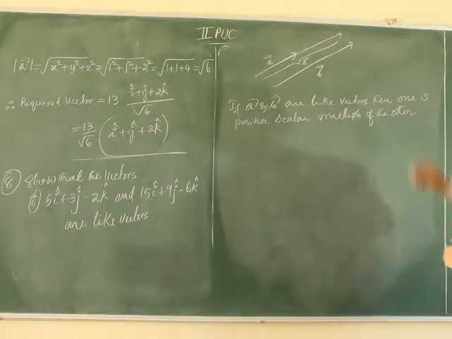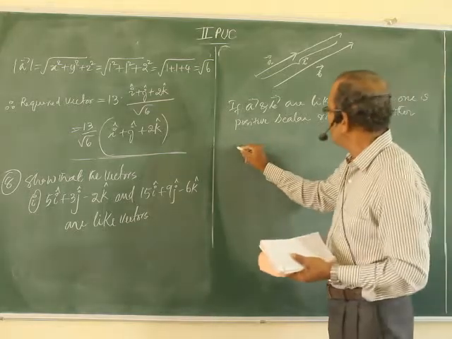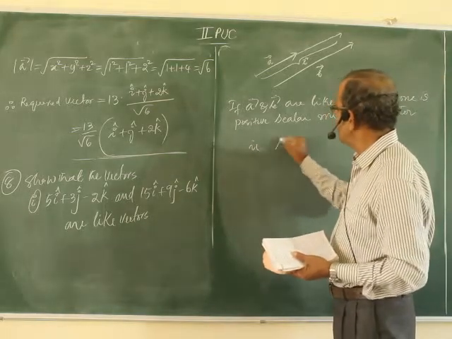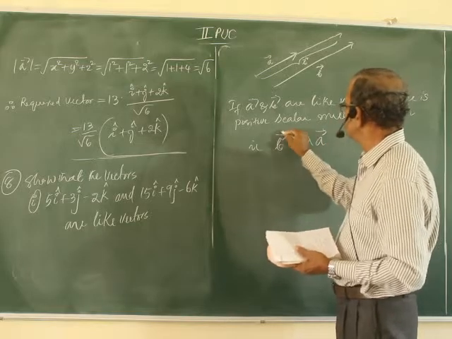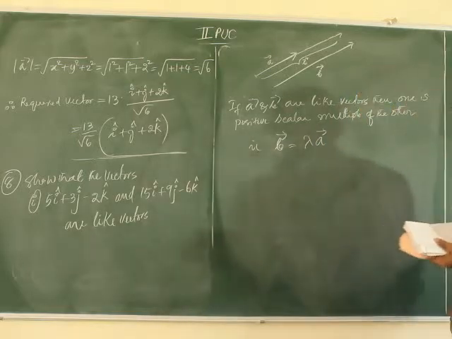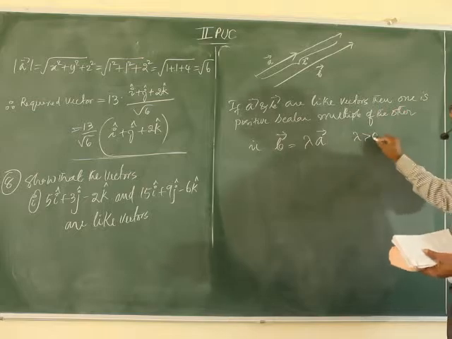Therefore, let me write that vector B should be lambda into A, and lambda should be greater than 0.